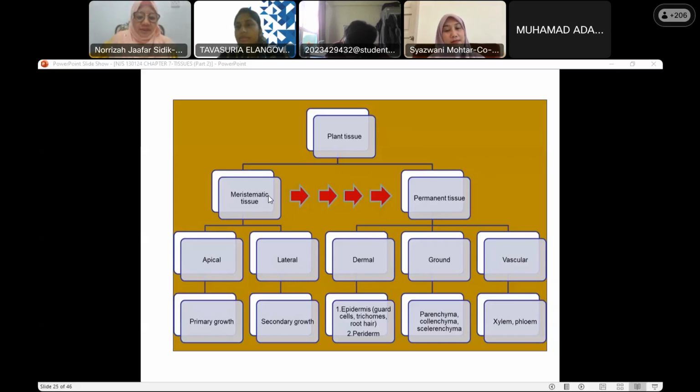And these meristematic tissues have 2 types. One is the apical tissues, the other one is the lateral tissues. I will go into detail on the dermal tissues, ground tissues, and also the vascular tissues later on.